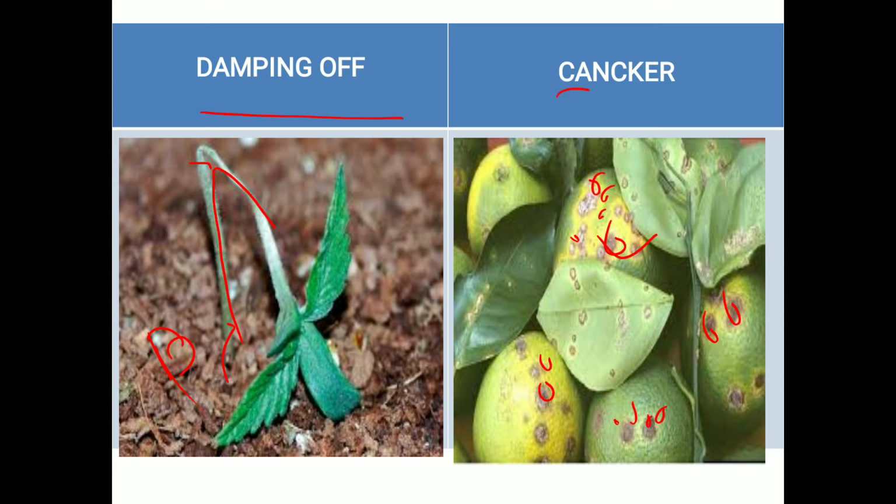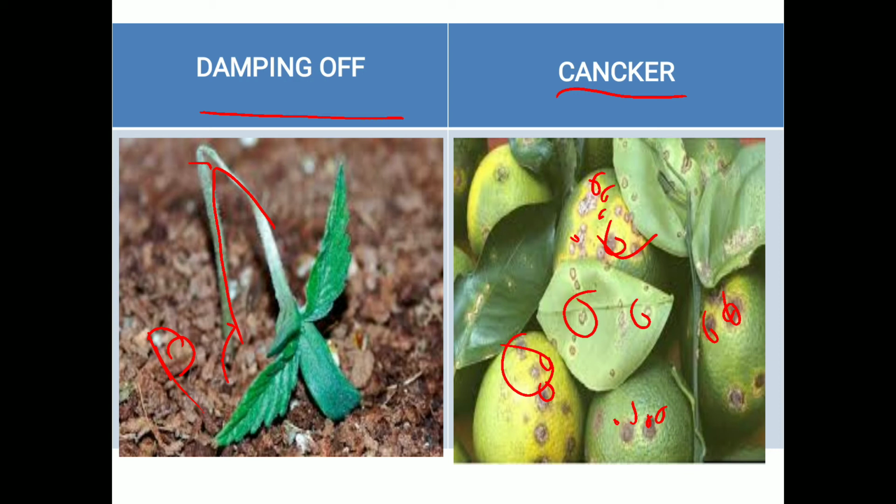Next one, canker. As we know, canker is nothing but rough brown to black spots observed on the leaves or on the fruits. Raised spots are felt when we spread the hand over them. So raised or rough spots are observed on the fruits or on the leaves.